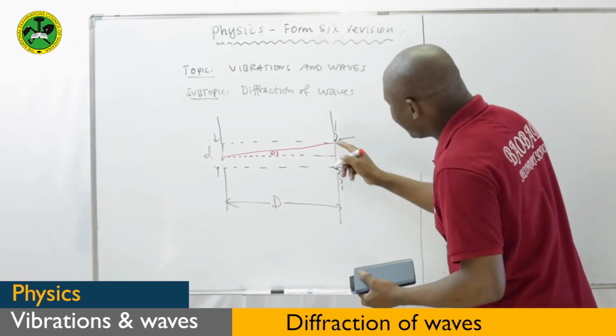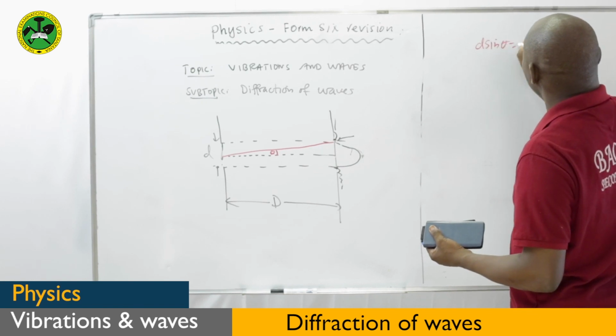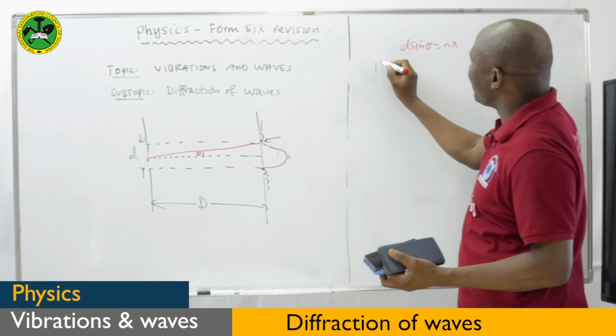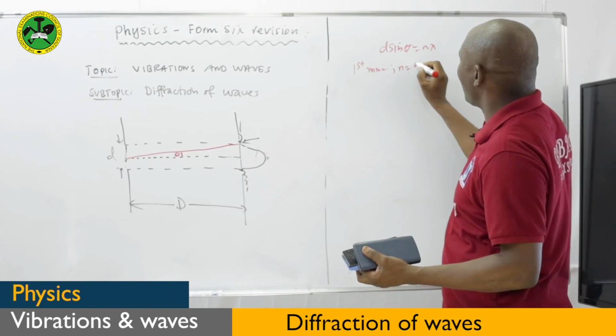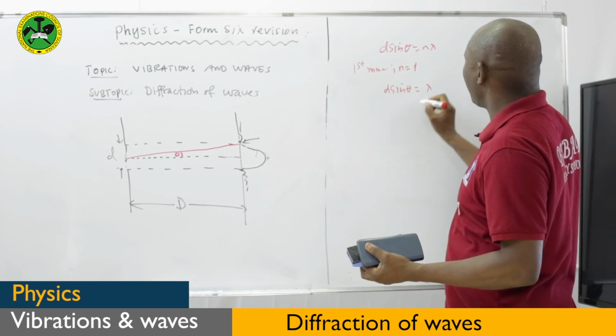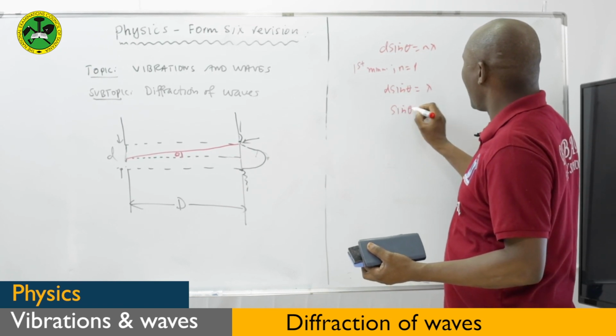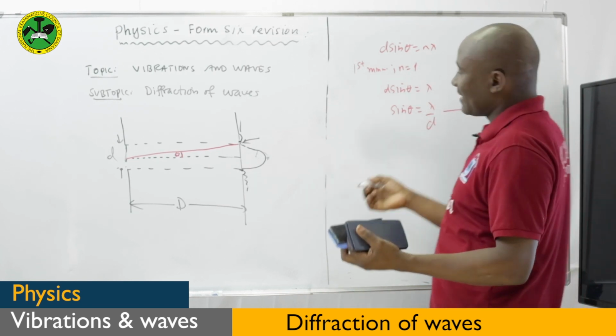So for the angle of this first image, d sine theta equals n lambda. You find the first minima image when n equals 1, so you have d sine theta equals lambda. That angle corresponds to the first minimum image, which is dark.